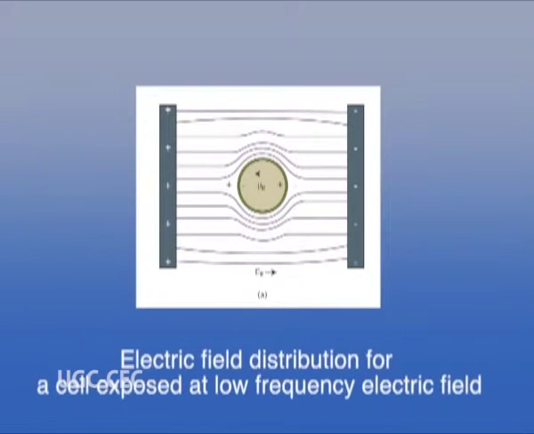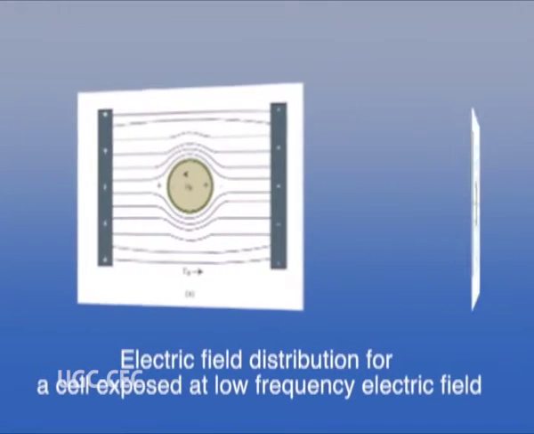When a cell is subjected to frequency fields lower than 100 kHz, the cell gets compressed by the field because its dipolar moment is antiparallel to the electric field.